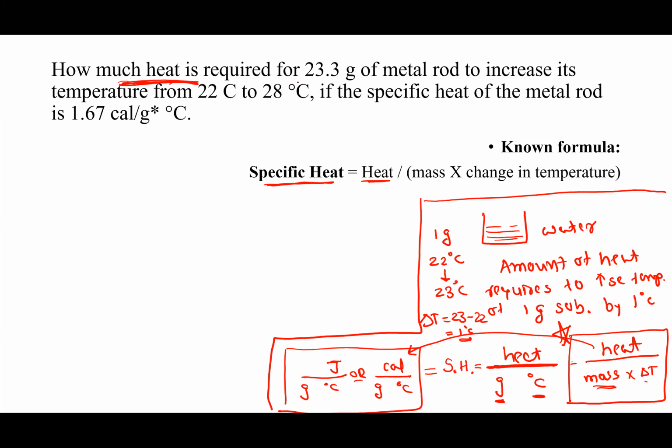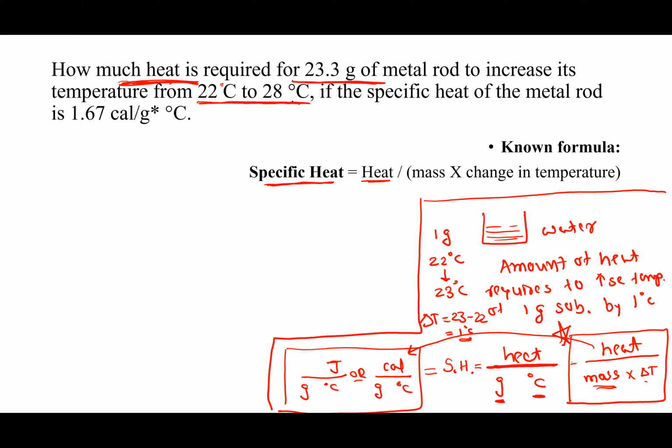What is the quantity given? 23.3 grams of metal rod. Doesn't matter what it is, we just need to focus on the number 23.3 grams. To increase the temperature from 22 degrees Celsius, there's a mistake there, that should be degrees Celsius, to 28 degrees Celsius. We are changing the temperature from 22 to 28.